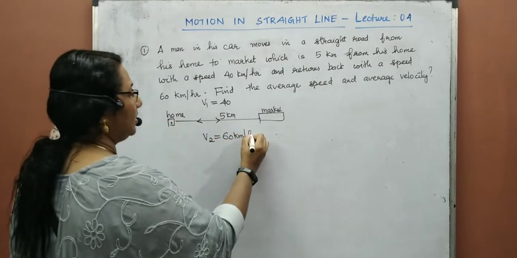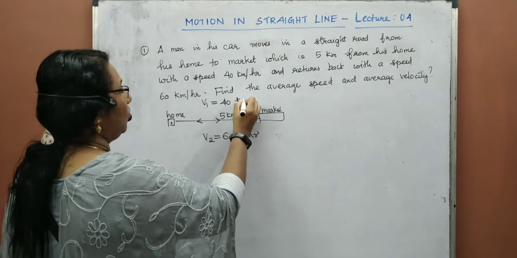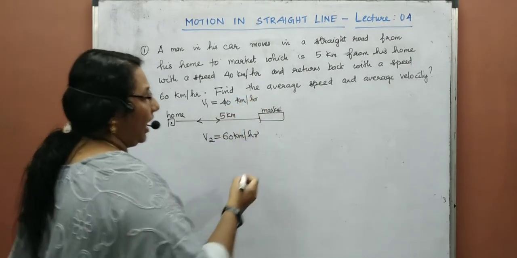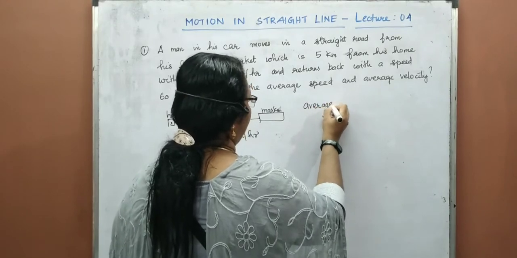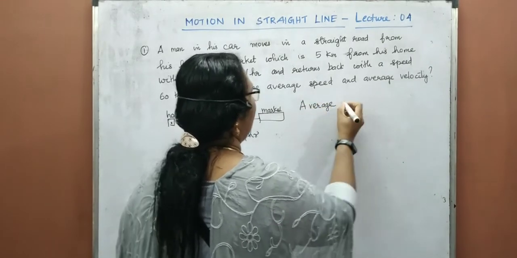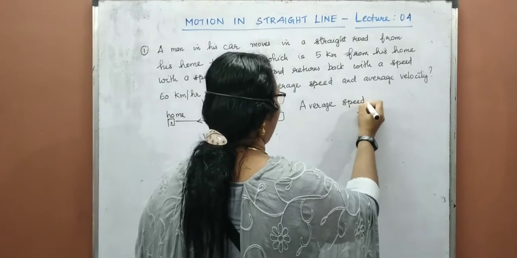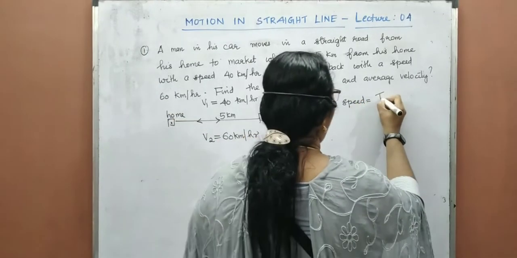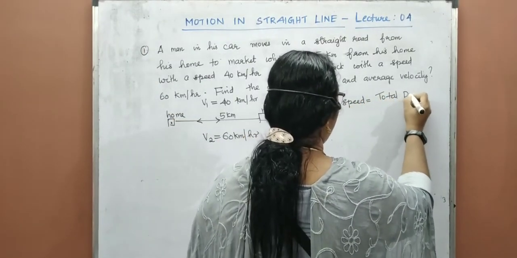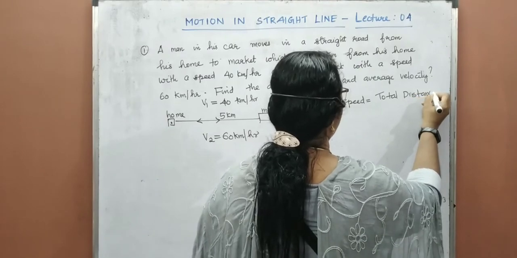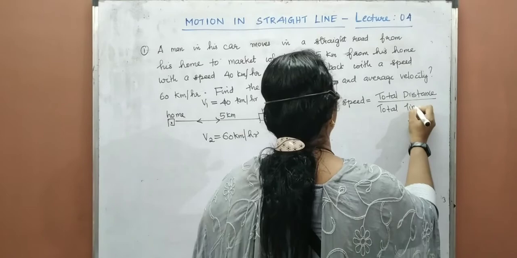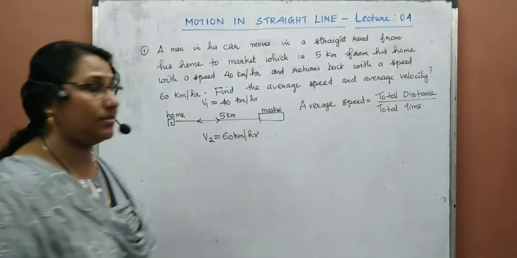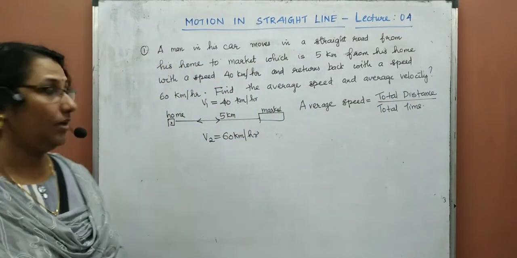So at first we have to take the average speed. Average speed is equal to total distance traveled by total time taken.